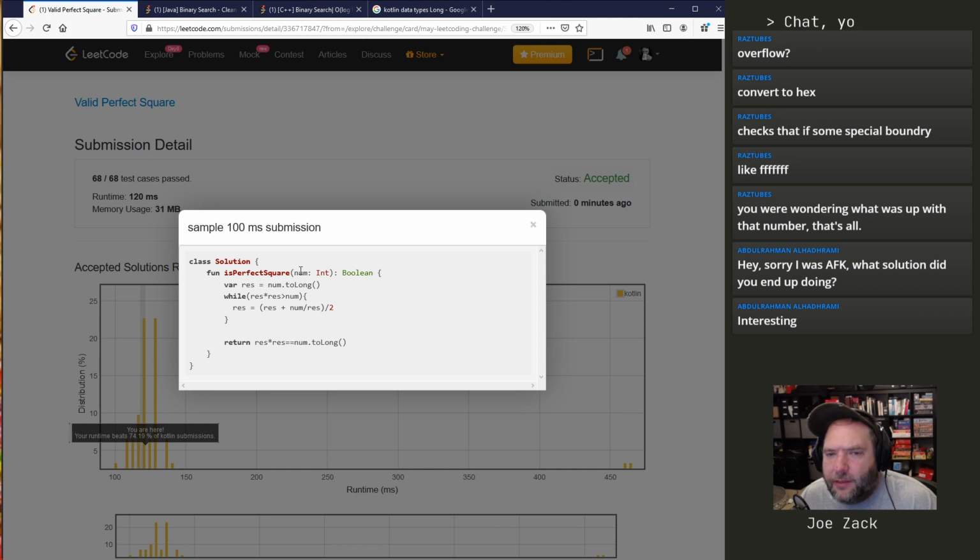So let's say we're looking at the number 14. We set res equal to 14, 64-bit. 14 times 14 is really big, much bigger than our number. So then we come in here and we say 14 plus 14 divided by 14. So we're looking at 15 divided by 2 is 7. Come back around, 7 times 7 is 49. That's greater than our number. So here it's 7 plus number divided by 7, which is 2.